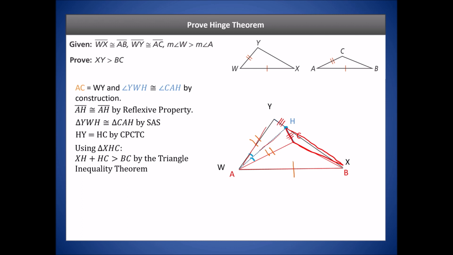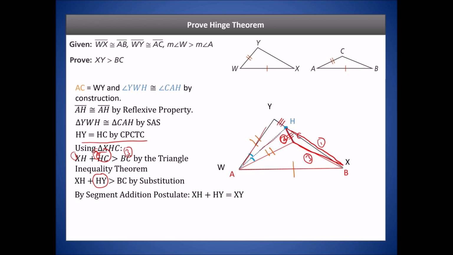Remember, the triangle inequality theorem states that you can add two sides, and it has to be larger than the third side if you want it to be a triangle, which this is, and therefore it has to satisfy the triangle inequality theorem. So we have XH plus HC has to be greater than this side. But we know that HC is equal to HY because of this step here, so we're going to do a substitution. And so now HC gets replaced with HY.